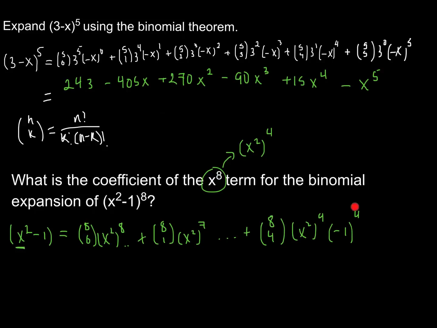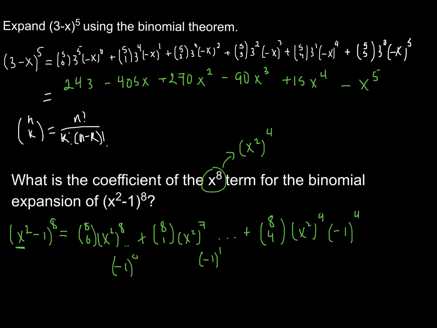And the way that I know this is going to be to the 4th is, remember, this would be x squared to the 8th, and here there's also, and I should have written it in probably, a negative 1 to the 0th. Here there is a negative 1 to the 1st, right? And so I remember that the exponents of my a and b values will need to add up to n, which is in this case 8.